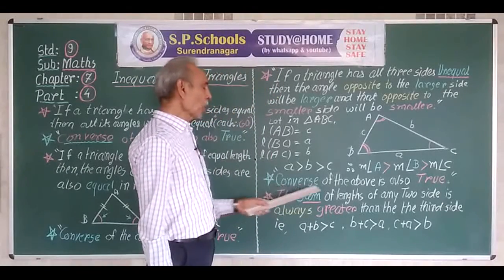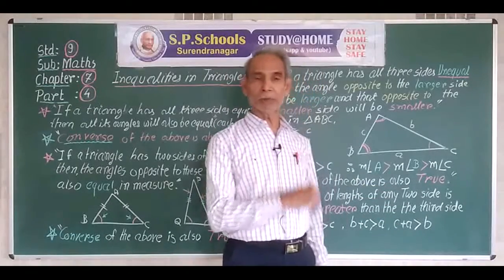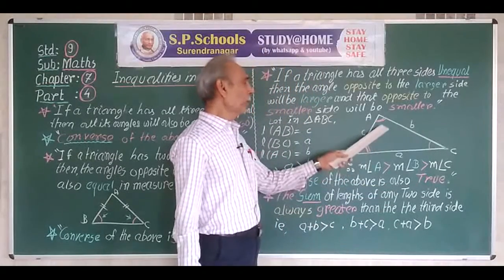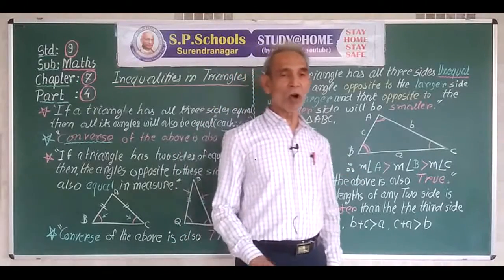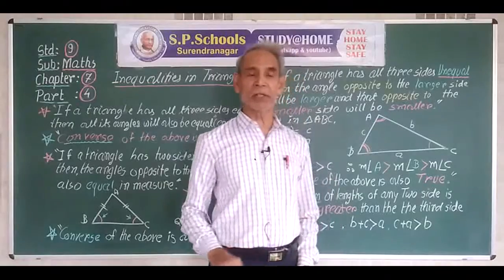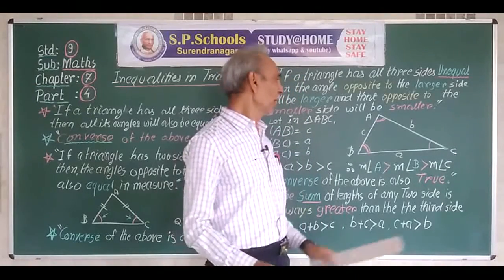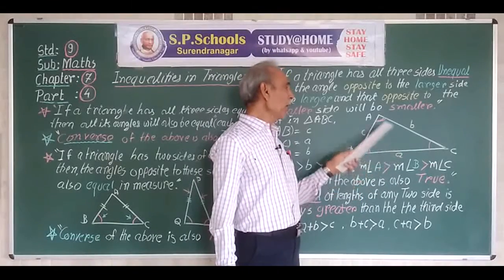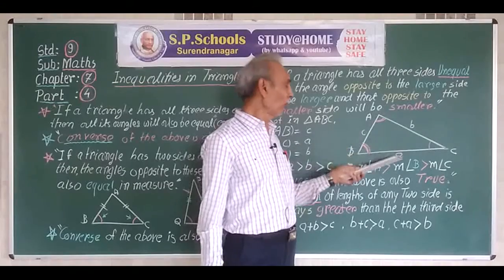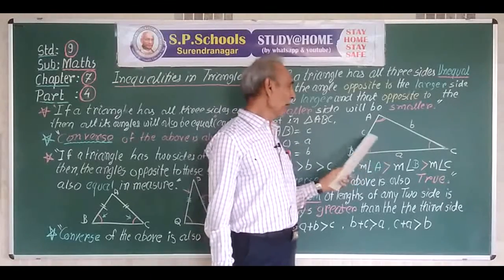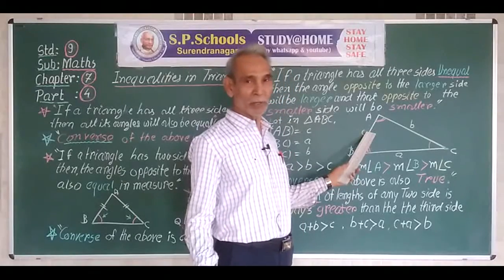Now, the converse of the above statement is also always true. If a triangle has all three angles of different measures, then the side opposite to the largest angle will be the largest, and the side opposite to the smallest angle will be the smallest.